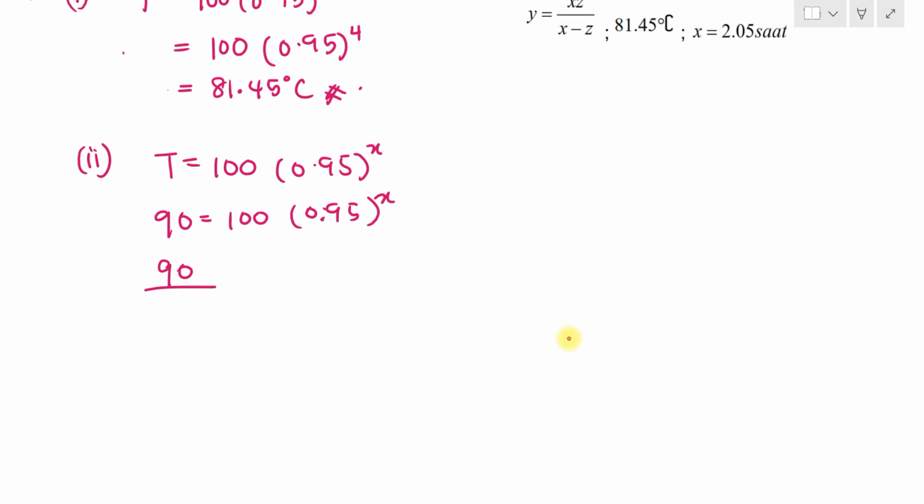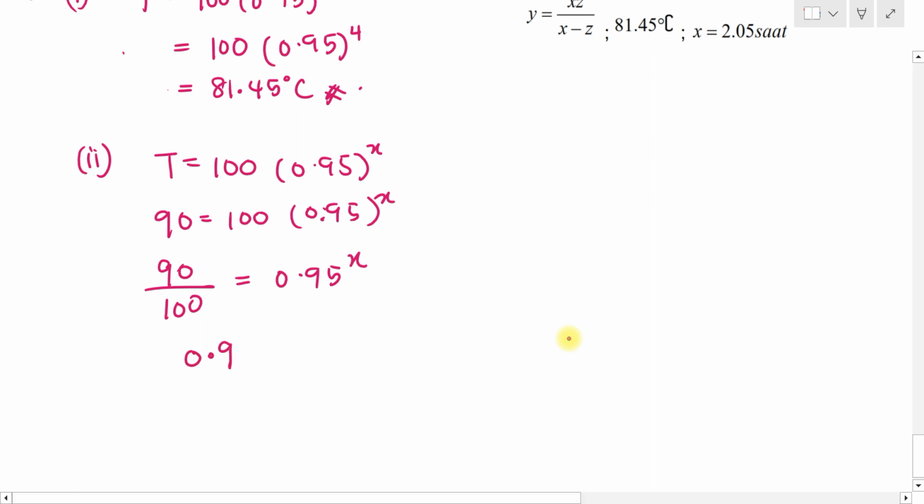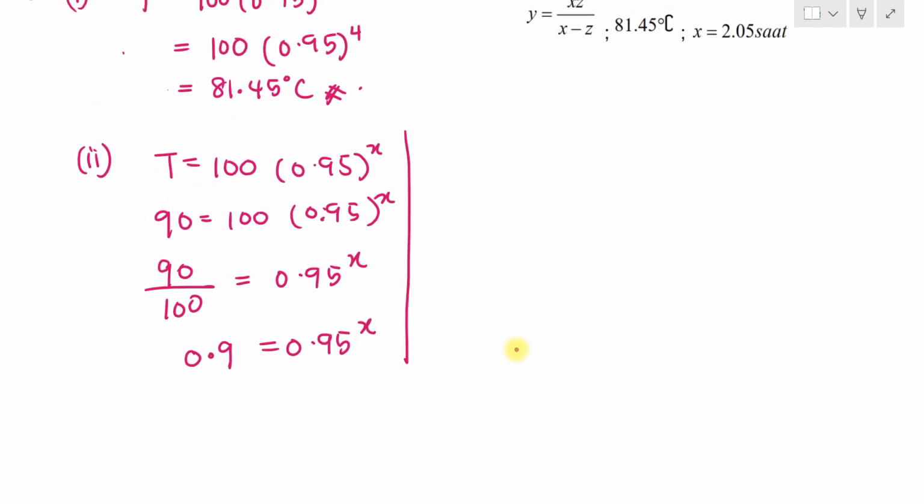So 90 over 100 equal to 0.95x. I can simplify further, 0.9 equal to 0.95x. Don't go and divide by 0.95 there. It is protected by the power. We cannot do that. So you can now take log base 10 or log E. Any base, normally we put base 10.